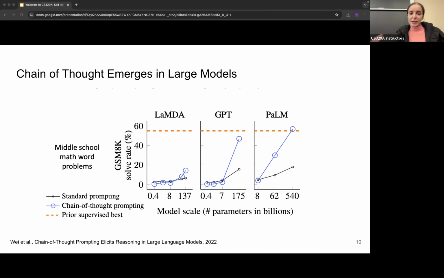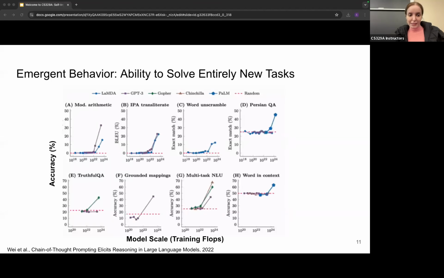As the model size increased and the model parameter size increased, the ability of solving GSM-8K problems, these are middle school math problems, increased as chain of thought reasoning was brought up in the prompting examples.